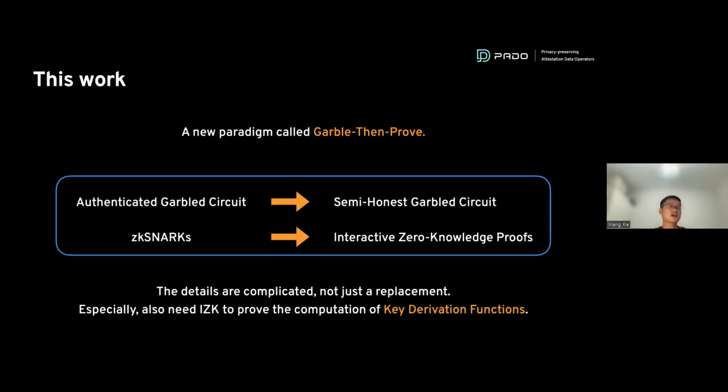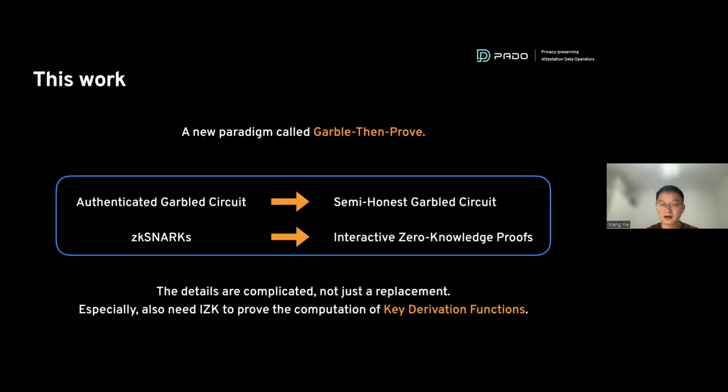So the contribution of our paper is that we use a new paradigm, which we call garble-then-prove, to replace all these heavy parts with lightweight building blocks. Generally speaking, we can replace AGC with semi-honest garbled circuits, and we can replace SNARKs with interactive zero-knowledge proofs.